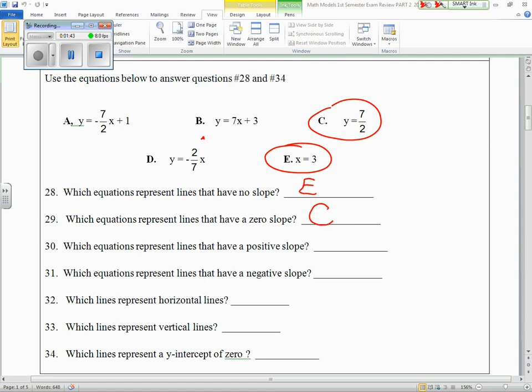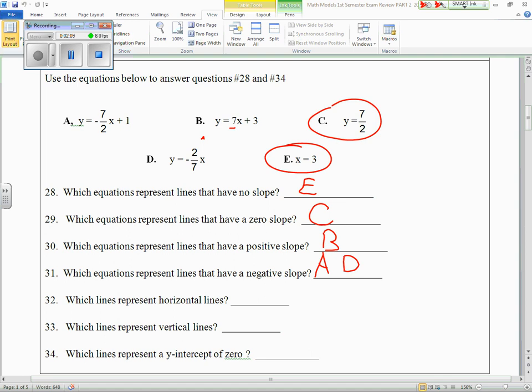Which equation represents the line that has a positive slope? We're looking at the number in front of x. B. Any others? Which equation represents the line that has a negative slope? And D. Horizontal lines have what kind of slope?